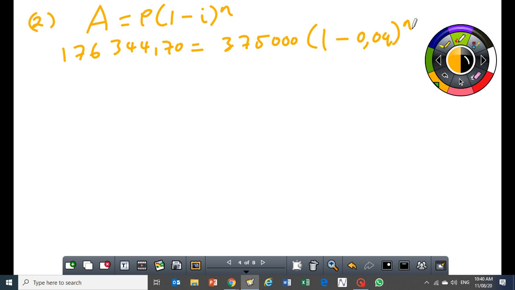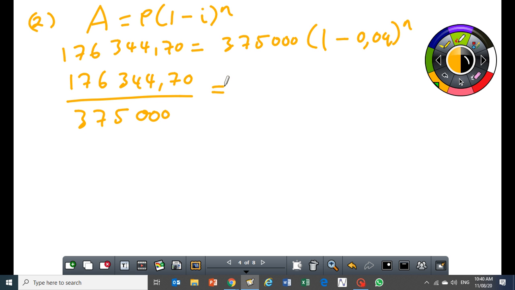We want to find n, so that would be 176,344.70 all over 375,000. That's equal to 0.91. Am I right there? Yes. Okay, and then for this one, let me change from exponential to logarithm.